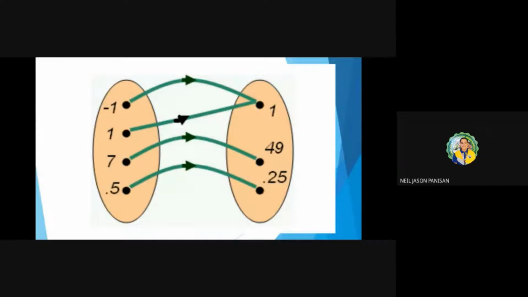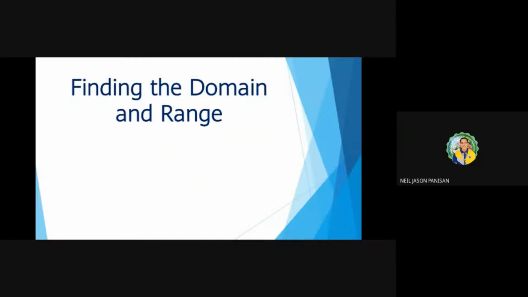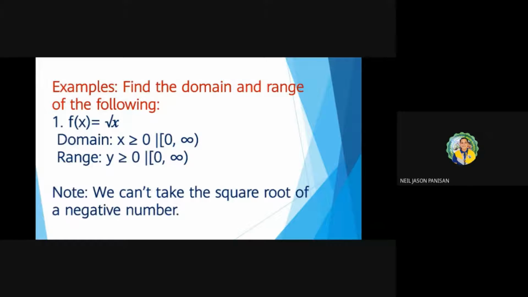So finding the domain and range. Unsaon na to magkuha si domain ug range. So for example, if we have f of x is equal to the square root of x, obviously we have the domain x is equal to or greater than 0, or in interval notation, 0 and positive infinity.